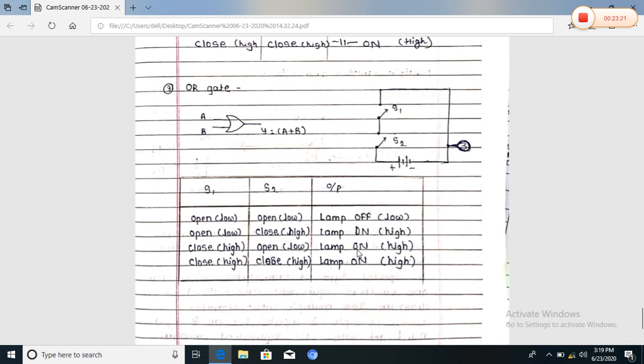Next, S1 is close, that is 1, S2 is close, that is 1, that is high, the lamp is on, high. So we proved the logic operation of the OR gate in a switching equivalent circuit. These are all the basic gates studied in the switching equivalent circuit.